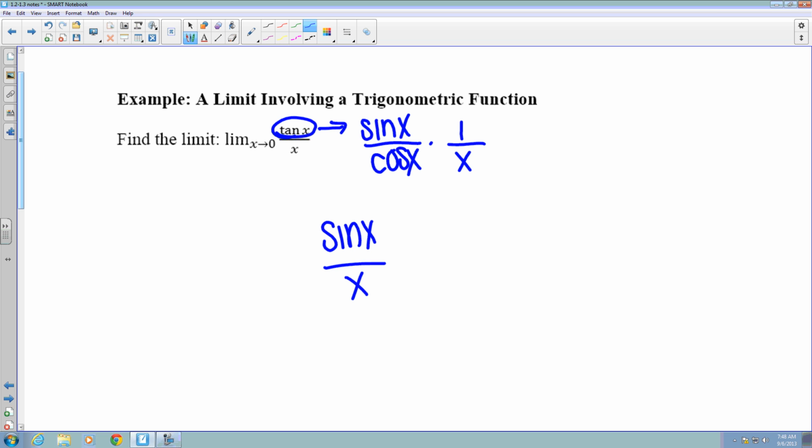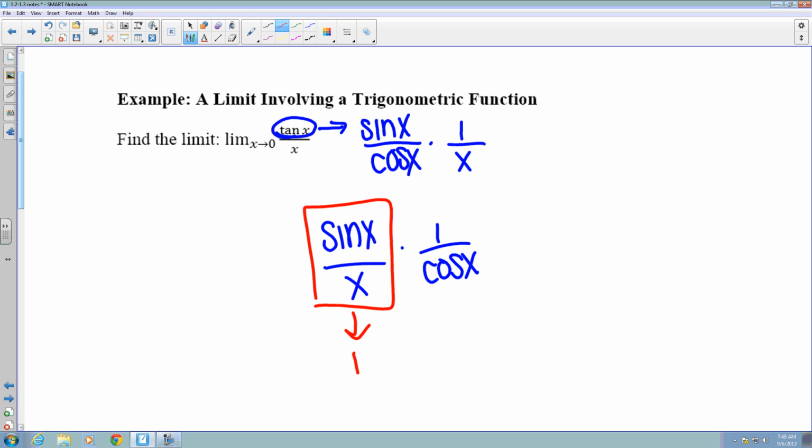Sine x over x is a special one. So we know right off the bat that the limit of the sine x over x term is 1, and the cosine of 0 is 1 as well. So if we have 1 times 1 over 1, it's of course 1.